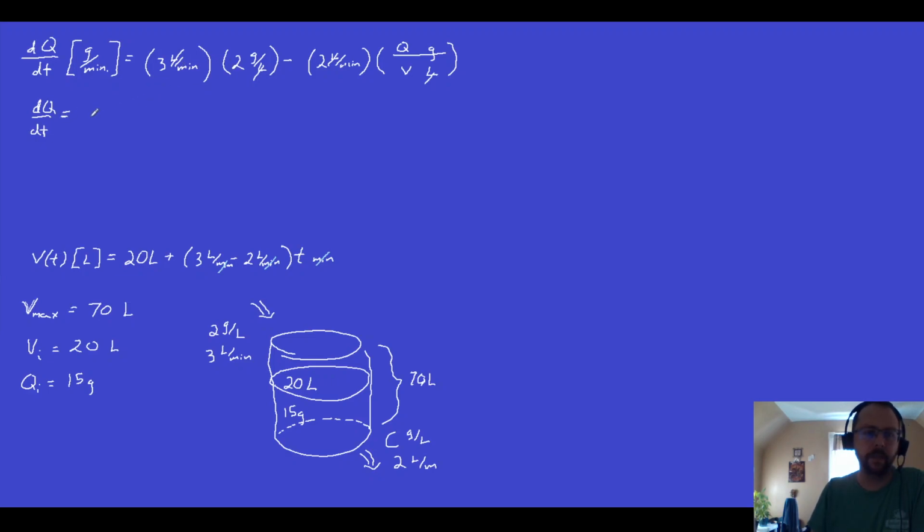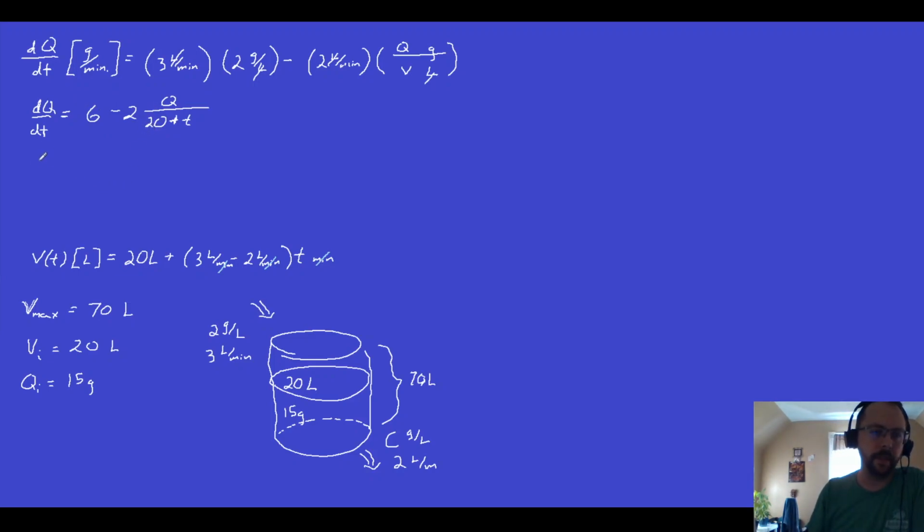Three times 2 is 6. 2q over volume is 20 minus t. No, plus t. 3 minus 2 is 1, so plus t. So this is our differential equation.